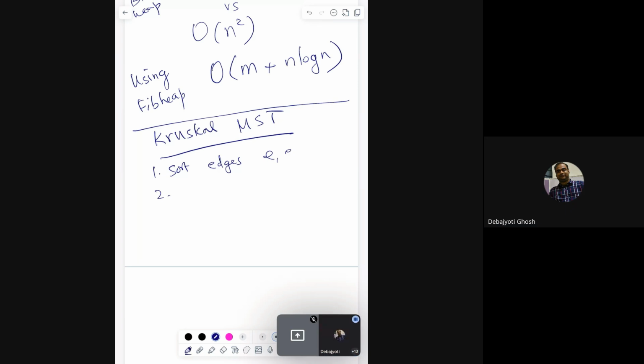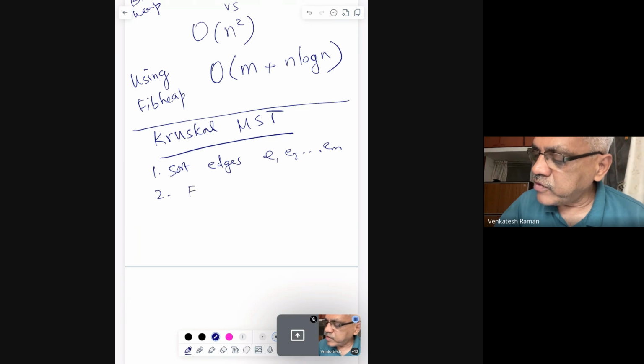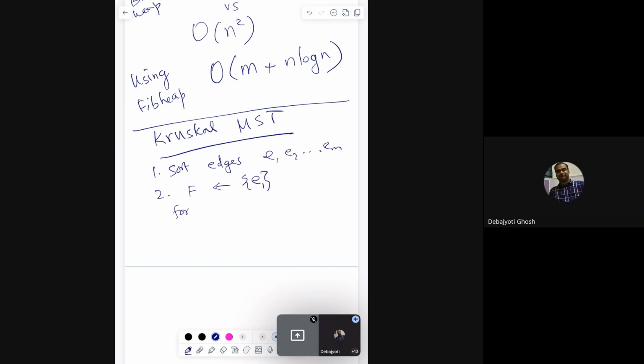Now I have my minimum spanning forest F, which let's say starts with E1. And then we add edges according to the increasing order if it does not form a cycle. Exactly.